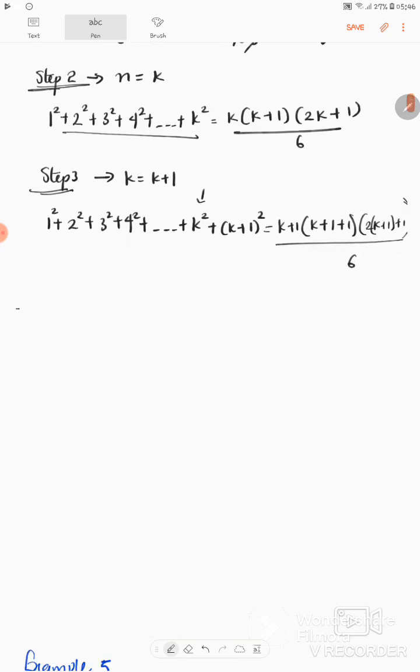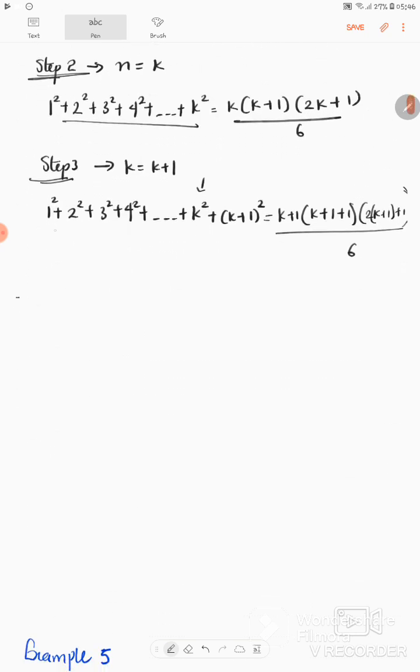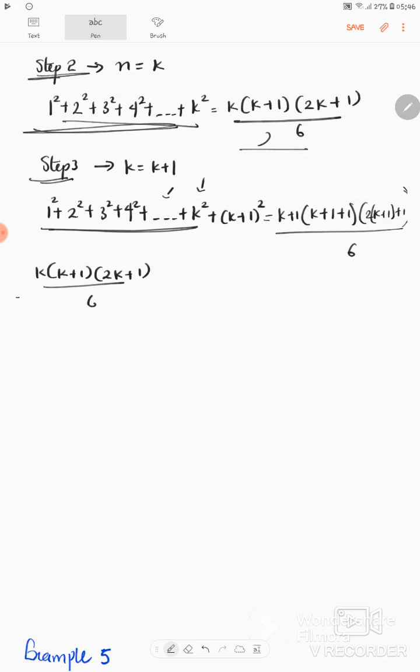Since this is equal to this, we are going to substitute this into this. So we have k open bracket k plus 1 close bracket open bracket 2k plus 1 close bracket all over 6 plus k plus 1 raised to power 2 equals k plus 1, still have our brackets, that's k plus 2 open bracket.